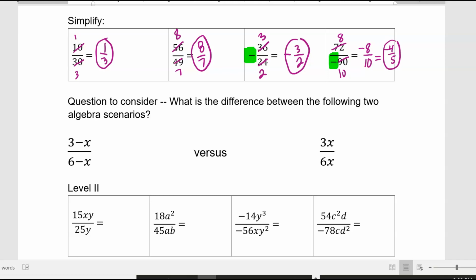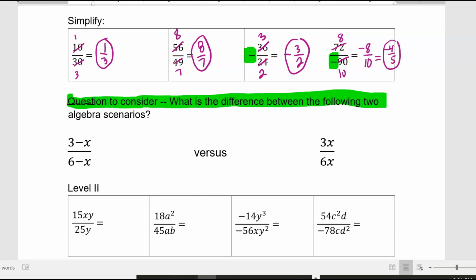So because we simplified this twice, I know now that there was a higher number than 9 that could have divided into 72 and 90, right? So we used 9 first and then we used 2. So apparently 18 can go into both. Now, a question to consider. What is the difference between the following two algebra scenarios?